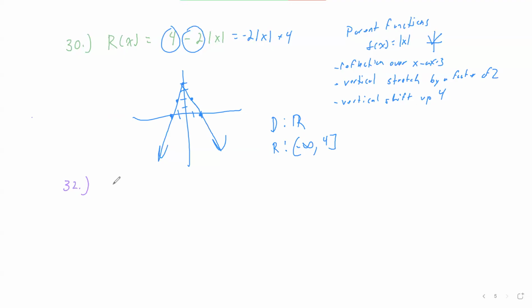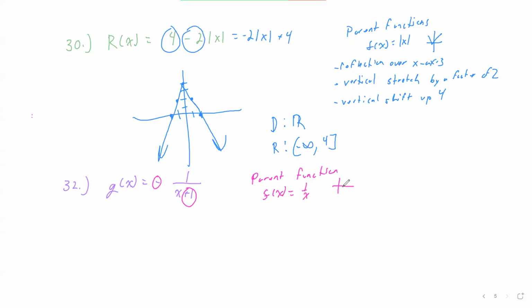All right, so 32 is g of x equal to -1 over x plus 1. And so looking at it, I only have a couple of things. There's a negative here and a plus 1 here. So my parent function looks like it would be 1 over x.